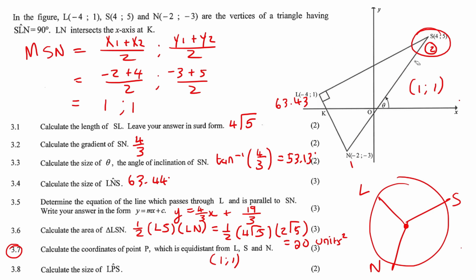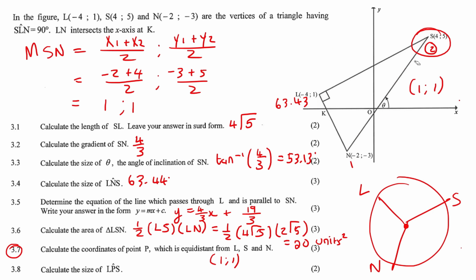So that means this angle and this angle have to be the same because this is an isosceles triangle that we're making over here. There's multiple ways you could do this, but if you, for example, look inside this triangle here, we already know this angle. We worked that out, LNS, as 63.44.